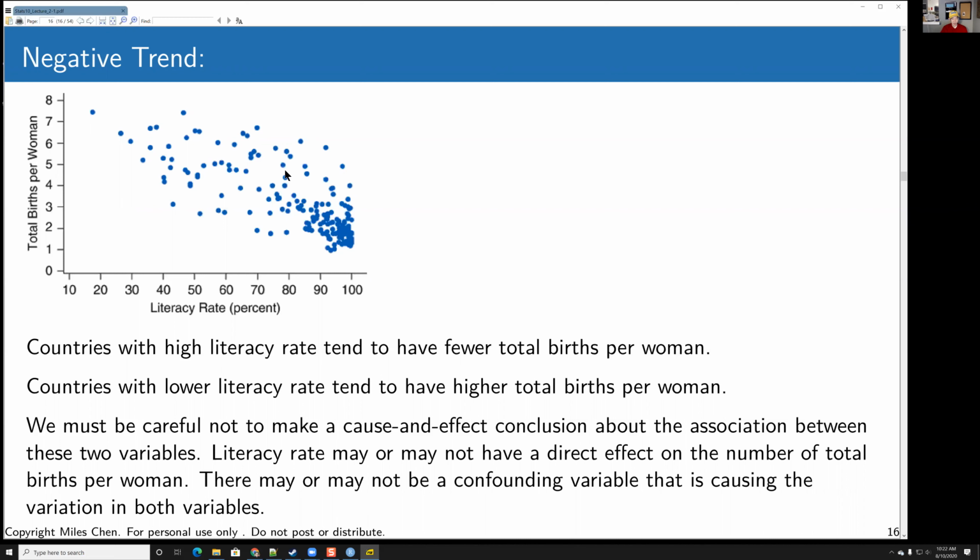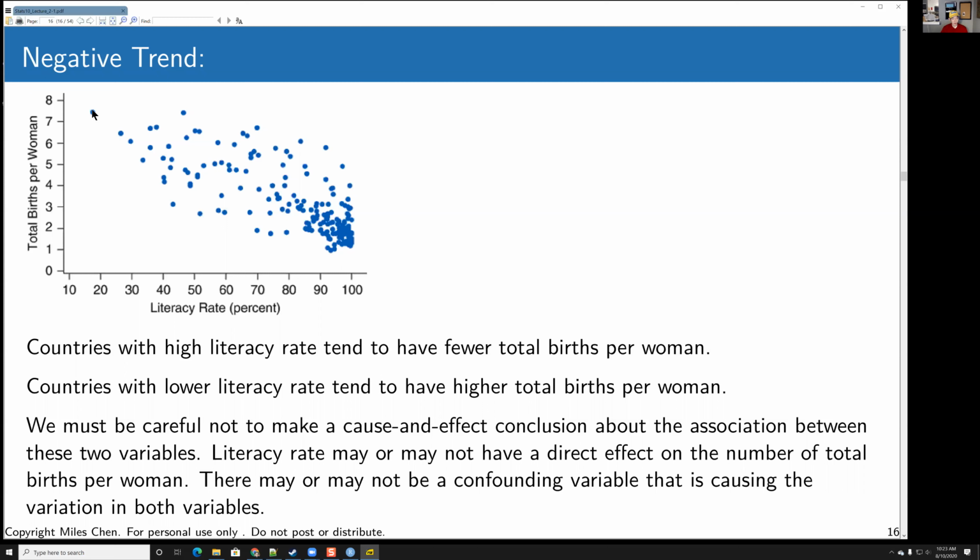Here is a country with a fairly low literacy rate, perhaps a few decades ago, where the literacy rate is less than 20%, and there appears to be a negative trend.